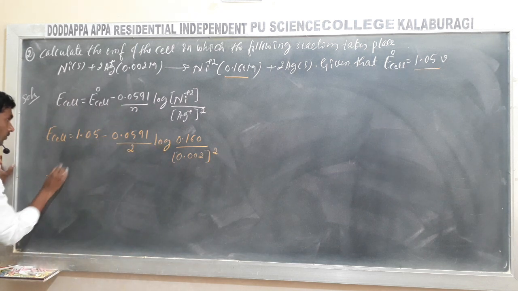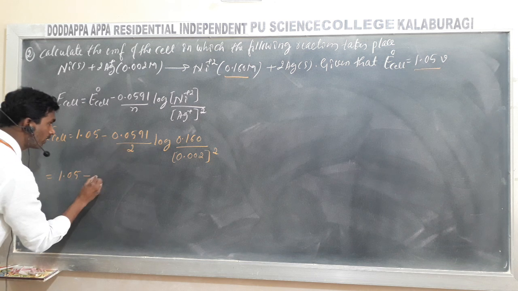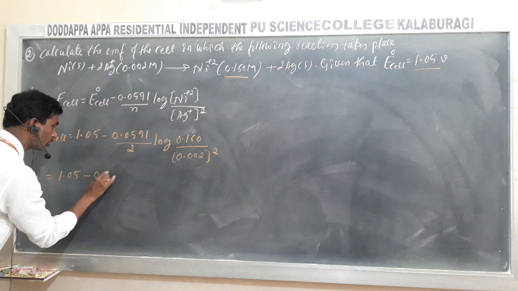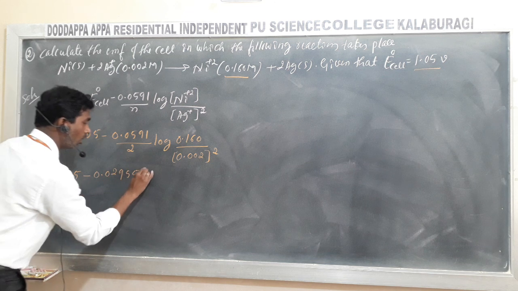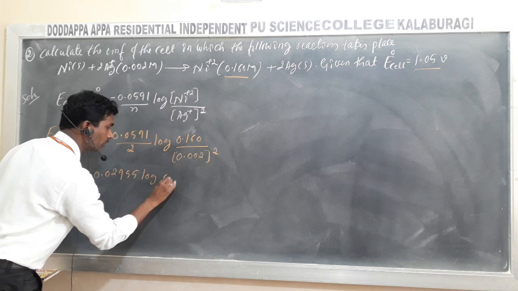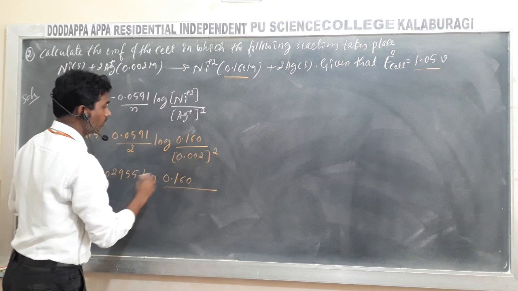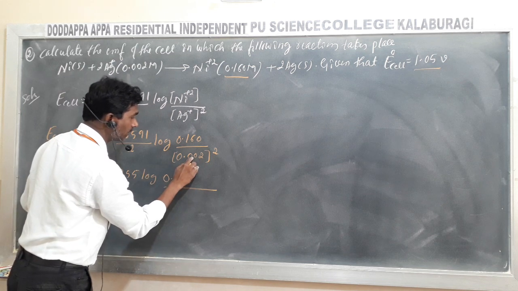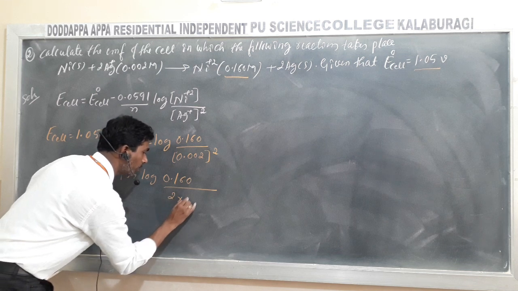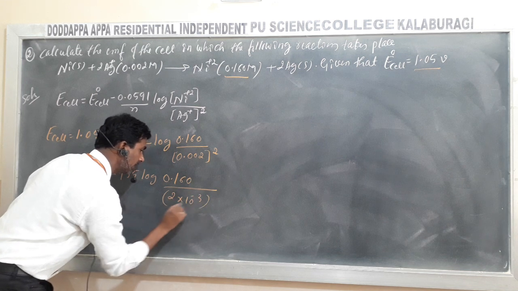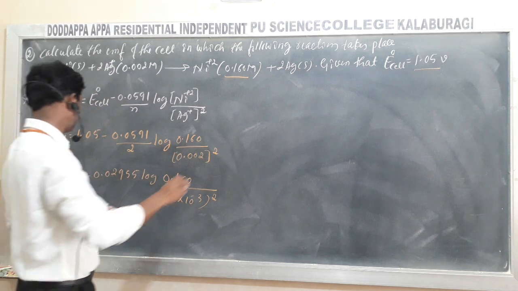Now you know that: 1.05 minus 0.0591 divided by 2, which is 0.02955, log of 0.160. And now I have to move the decimal point to the right: minus 1, minus 2, minus 3. It means 10 to the power of minus 3, and this is squared: 2 into 10 to the power of minus 3, squared.